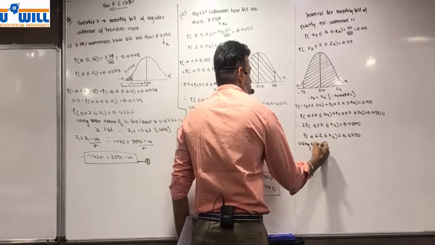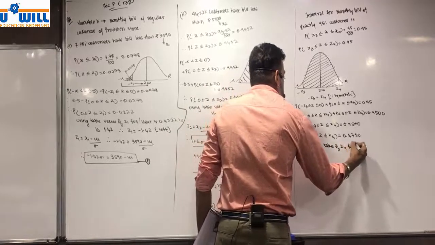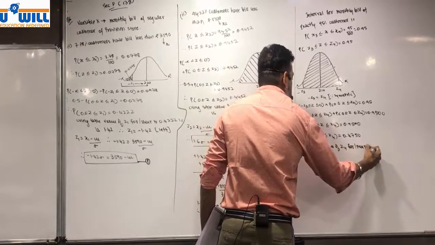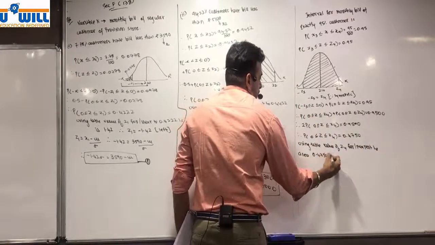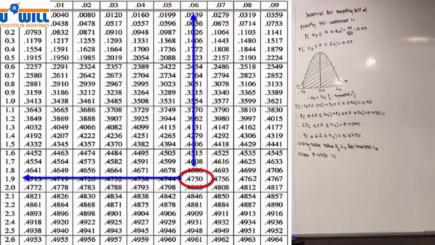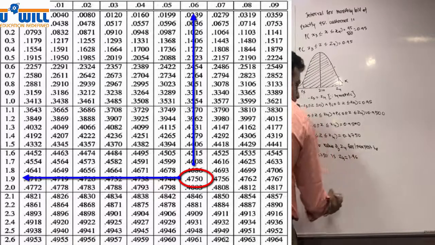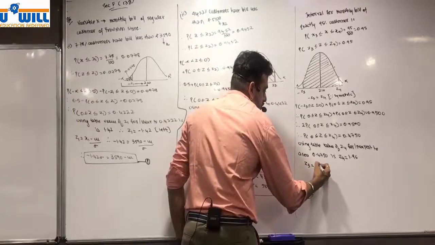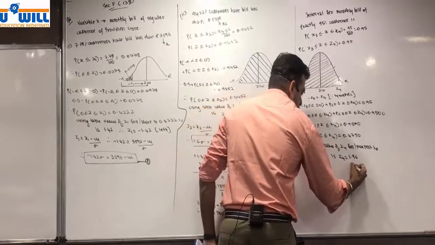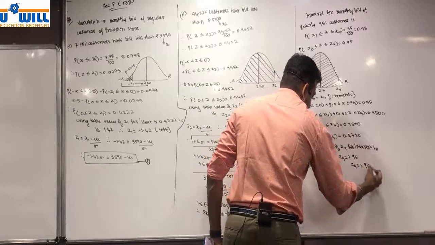Using the table, the value of z4 for or nearest to area 0.4750 is exactly z4 equal to 1.96. So we write over here z3 is equal to minus 1.96 and z4 is equal to plus 1.96.